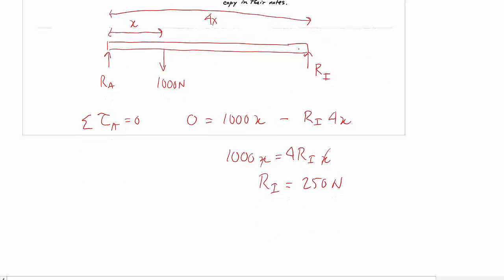And since RI plus RA is equal to 1,000, so all the up equals all the down, we know RA equals 750 newtons. Okay, so we know all the external forces acting on the bridge. Now we can start analyzing these members.